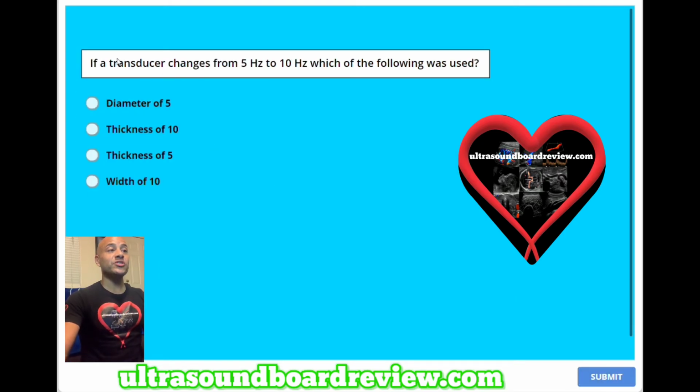Question 31. If a transducer changes from 5 Hz to 10 Hz, which of the following was used? A, diameter of 5, B, thickness of 10, C, thickness of 5, or D, width of 10? The answer is C, thickness of 5.